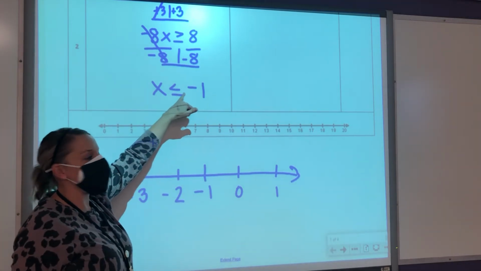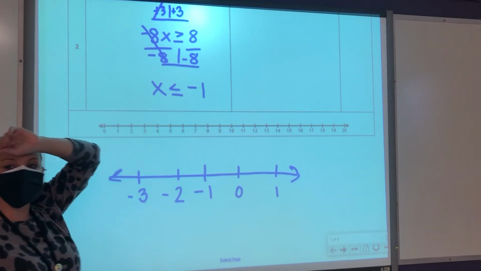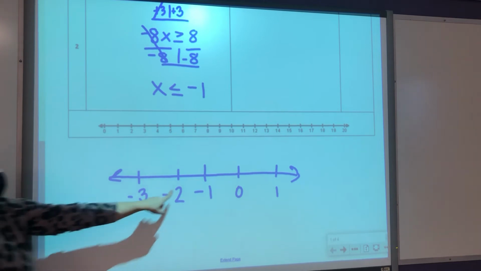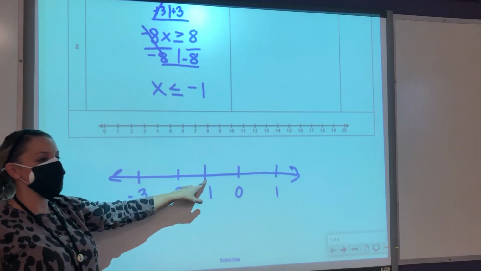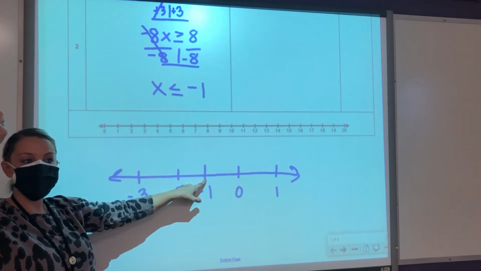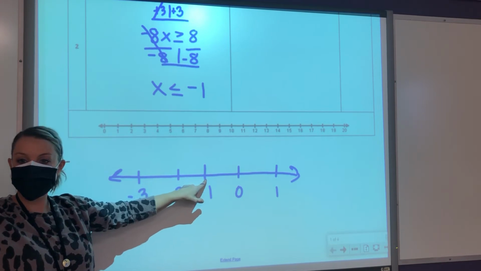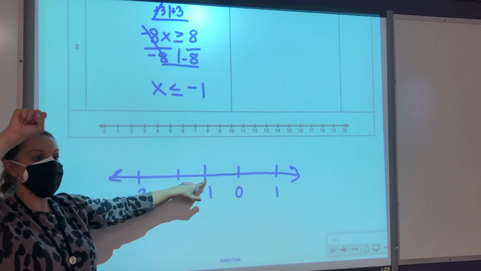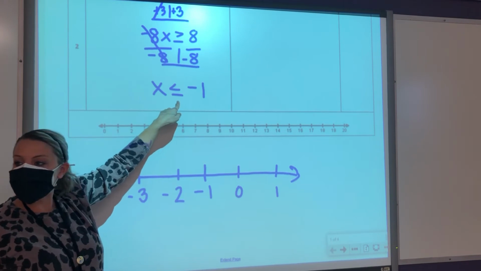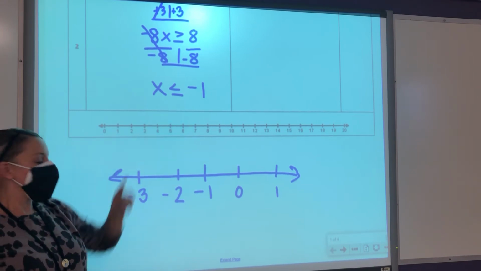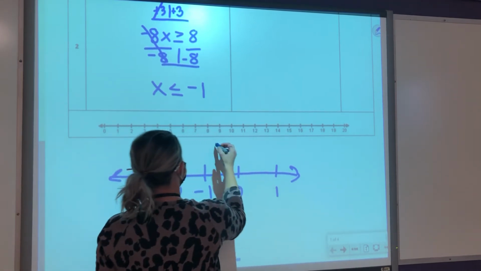X is less than or equal to negative 1. Where does my graph start? It starts at negative 1. Show me, open or closed. It's closed.